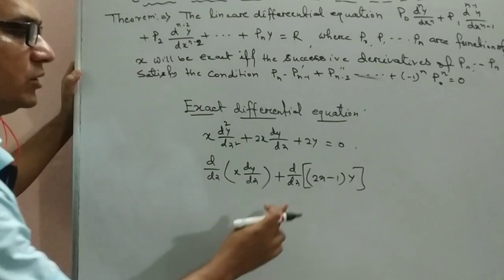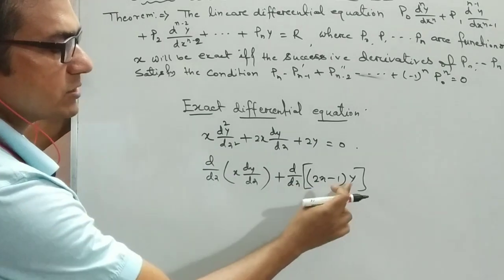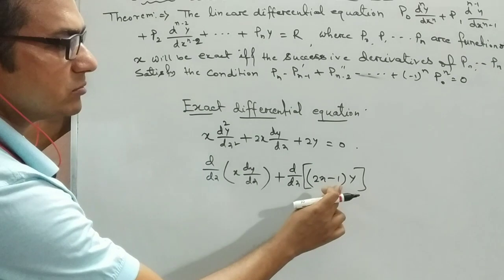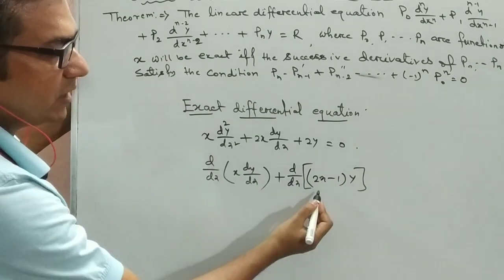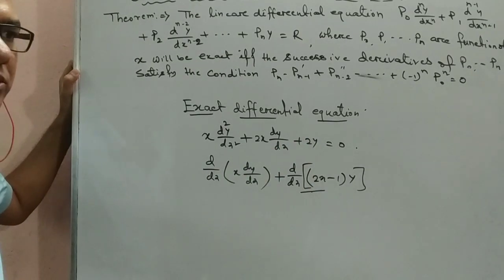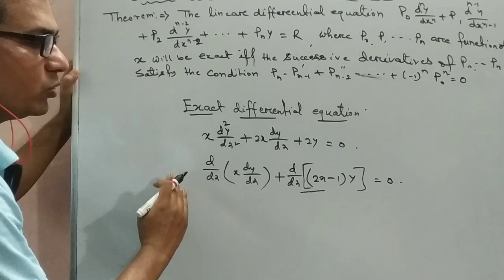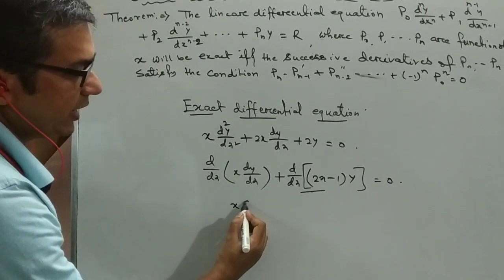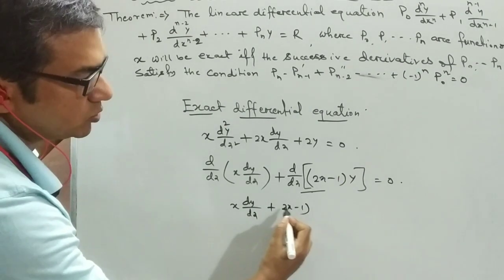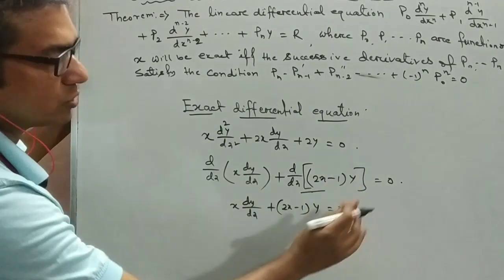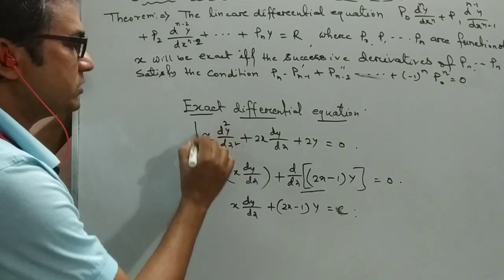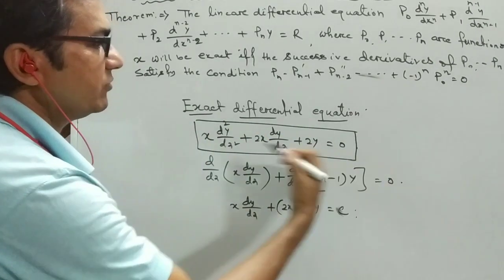From this we get dy by dx, here one extra dy by dx, here dy by dx minus, and it is equal to 0. So we can integrate both sides and we get x dy by dx plus (2x minus 1) into y equal to c, the integrating constant. So this equation is an exact differential equation.